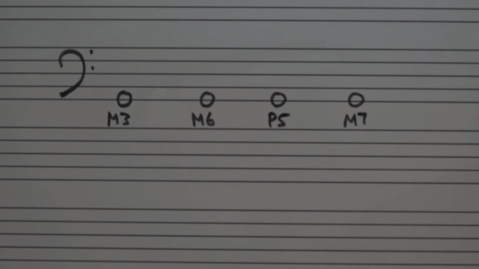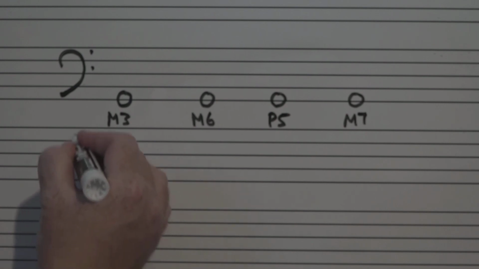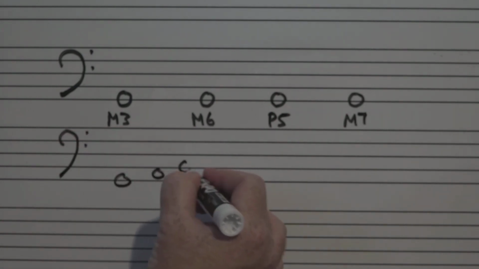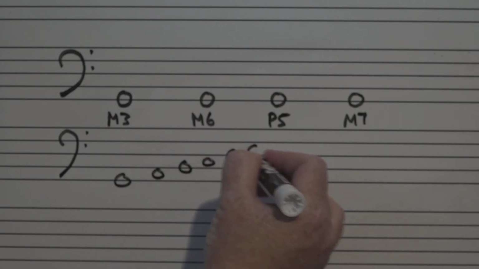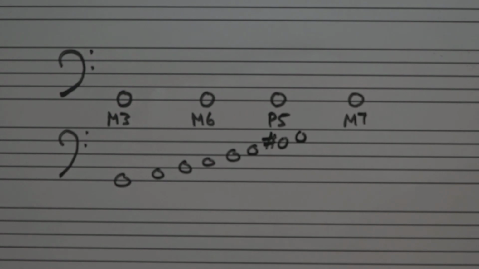So all you have to do is find the notes of the major scale. And let's write it out real quickly. G to the next G has one sharp. So if it's a G and it's a major or perfect interval, you know it's going to be one of those.